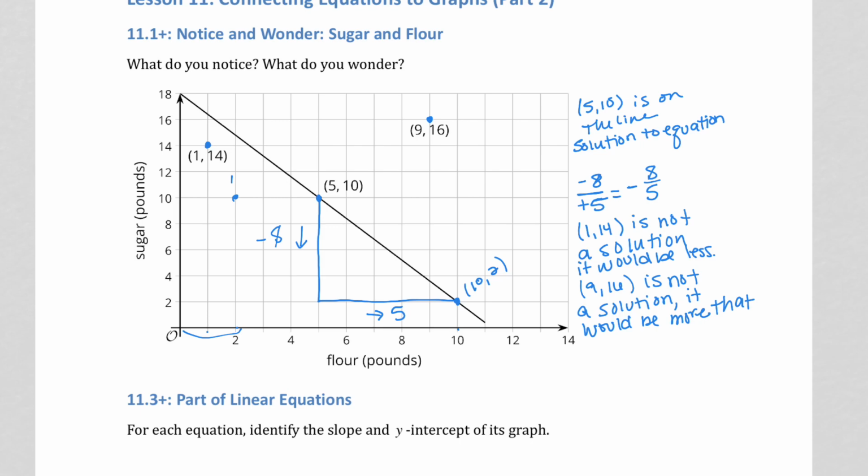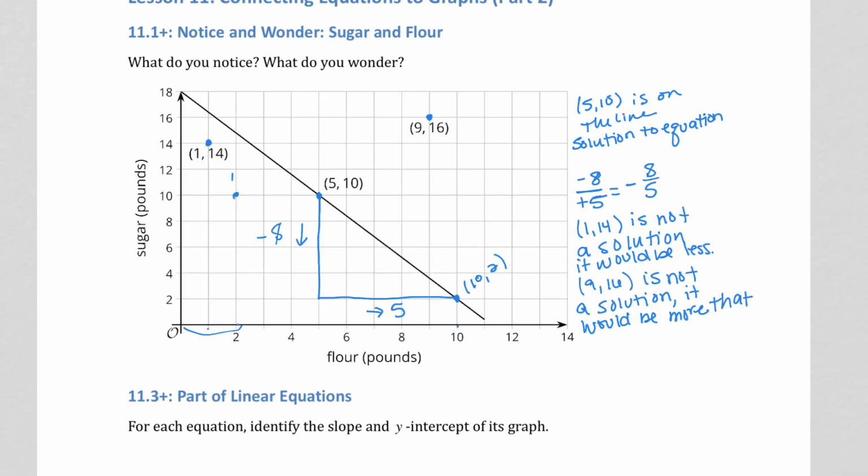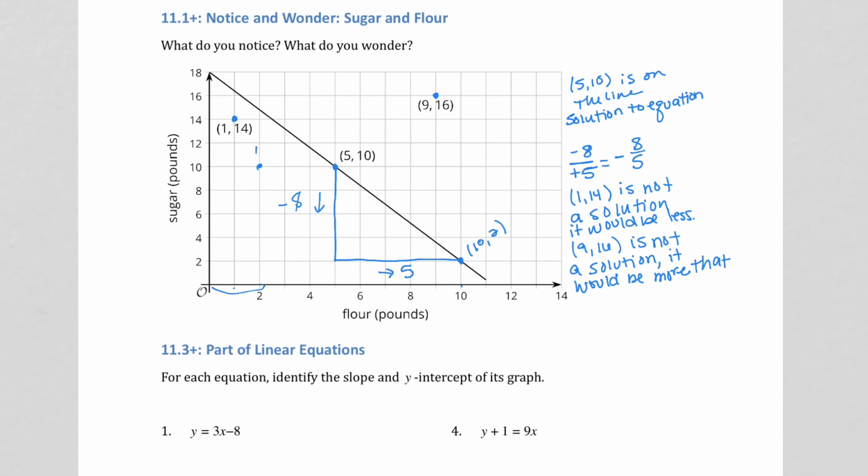I wonder what they're making with that and why they would need so much sugar. Sugar cookies? Could be. Cake? You need a lot of flour for cake and for sugar cookies too, but you don't need as much sugar. They must be making some sort of frosting or icing.